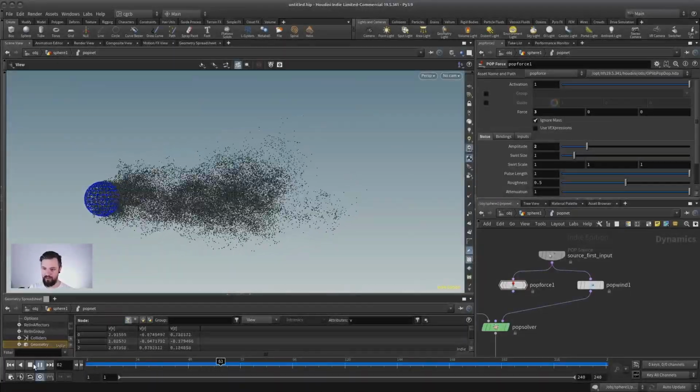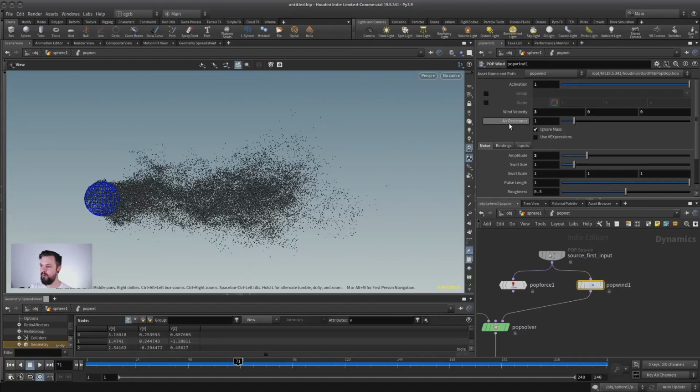Now, talking about air resistance, there's an interesting parameter here called air resistance. This, in my opinion, is very confusing, because air resistance implies that this number here only will slow down things, but that's not actually true. This number is actually more like an accelerator or stopper speed. So what do I mean by that?